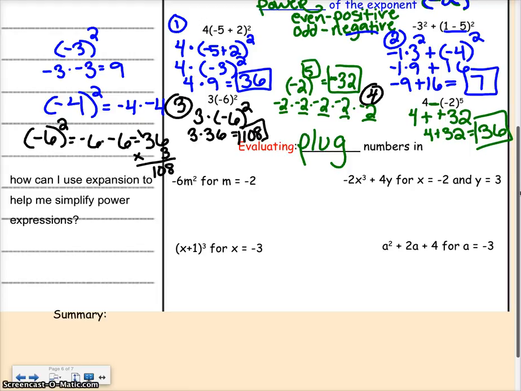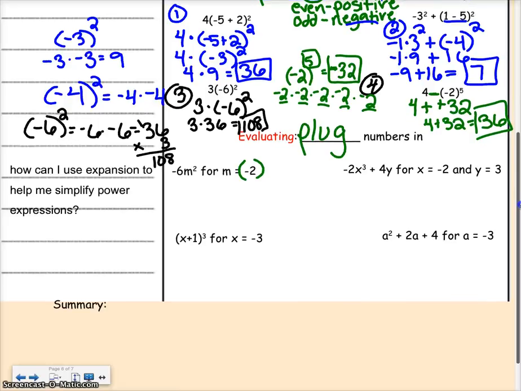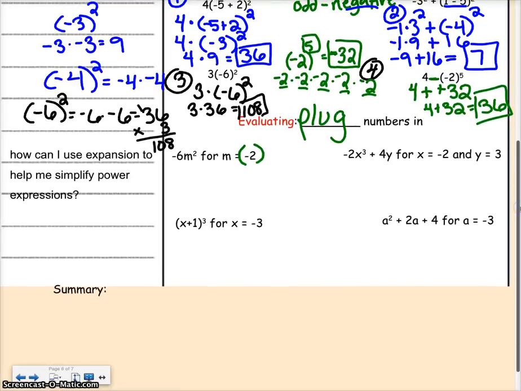So, the next example, the first one for evaluating, I have negative 6m squared, for m is negative 2. Anytime they give you a negative, you put it in parentheses. That means that it's going to be inside parentheses when you evaluate the power. So I'm going to expand this out. This is negative 6 times negative 2 squared.